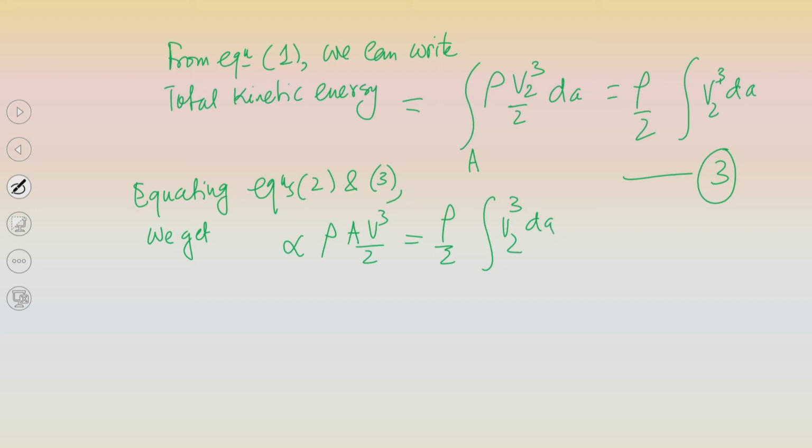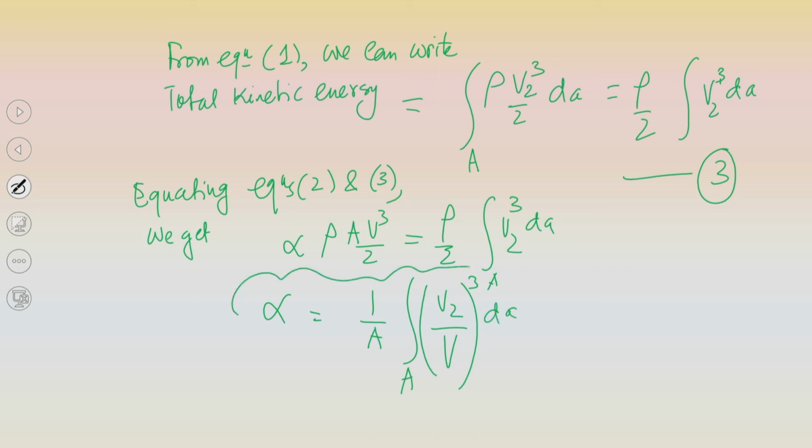That means alpha is nothing but 1 upon A times the integral over A of V2 divided by capital V, whole cubed, dA. So, this is the kinetic energy correction factor equation.